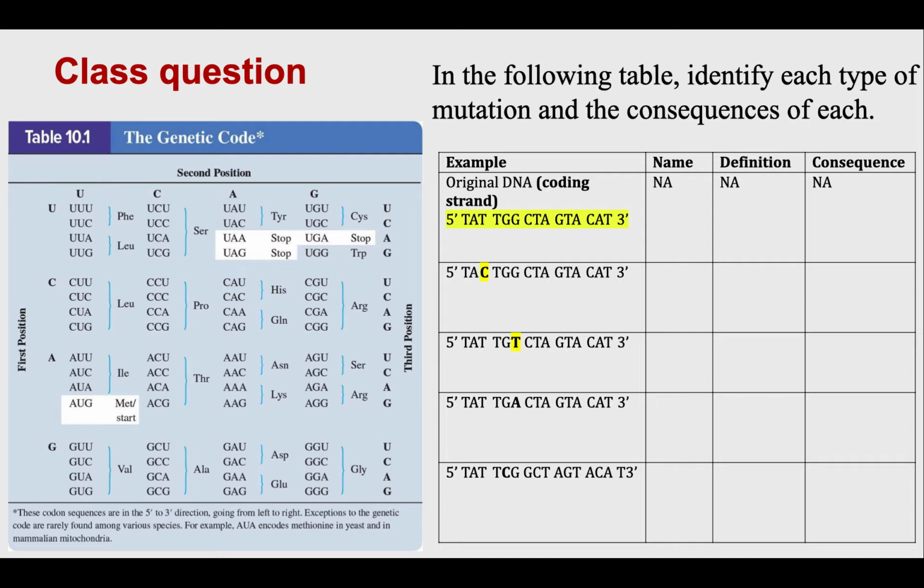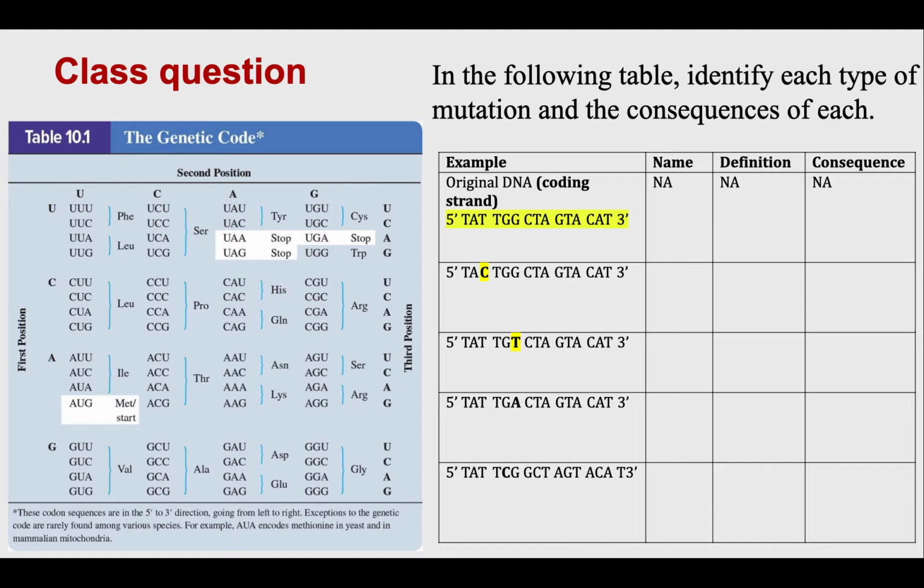What would be a silent mutation? We had a silent mutation where we have the same or a different amino acid. Same. What about a nonsense mutation? It'd be shortened because now we're coding for what? To stop, yes. So that would be a nonsense mutation.